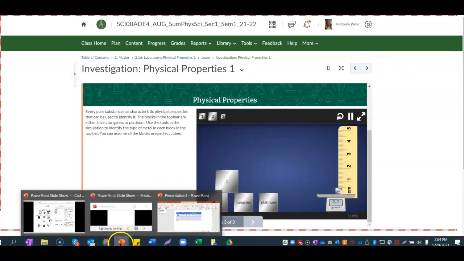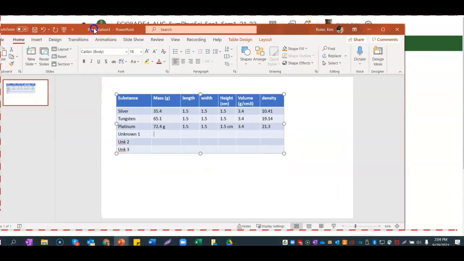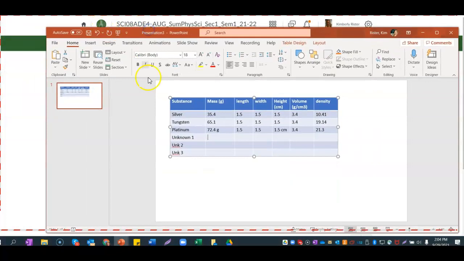All right, so sorry, going back. We're going back to our data table here. Let me get that back over for you guys. So unknown substance for the mass, we have 112.6, and then 1.8, 1.8, 1.8.